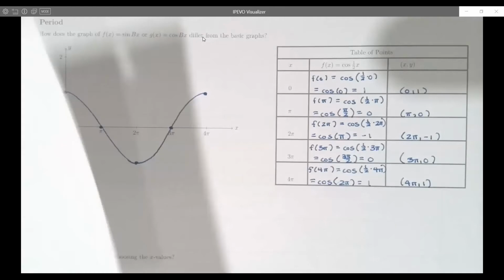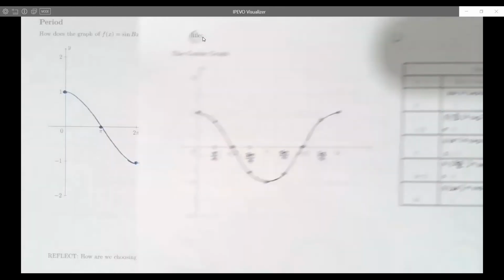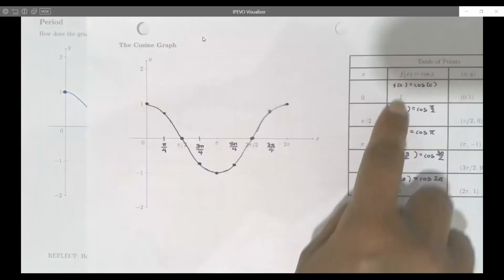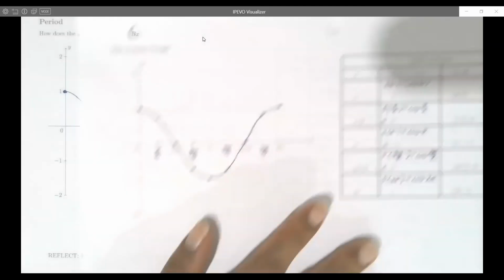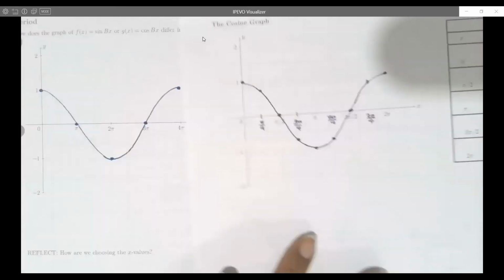And I want to compare it against the original graph. This is just the original f of x is equal to cosine of x without the 1/2 in front of the x. What is the difference?